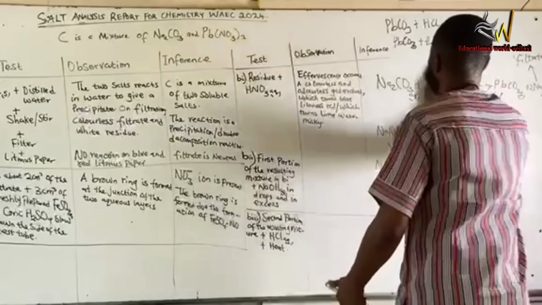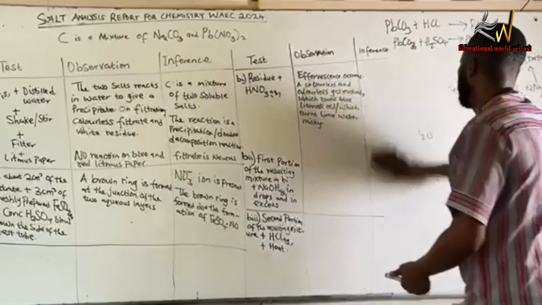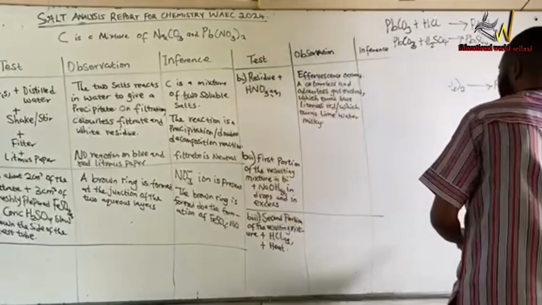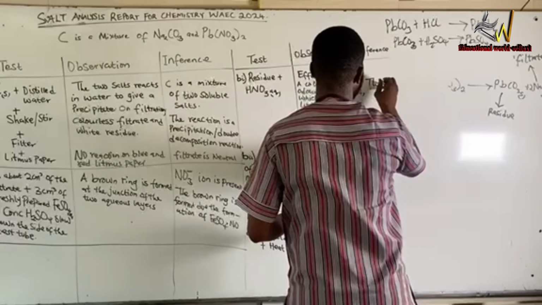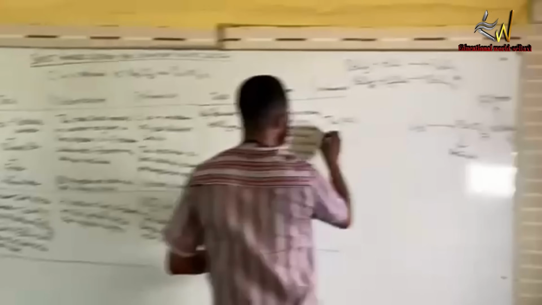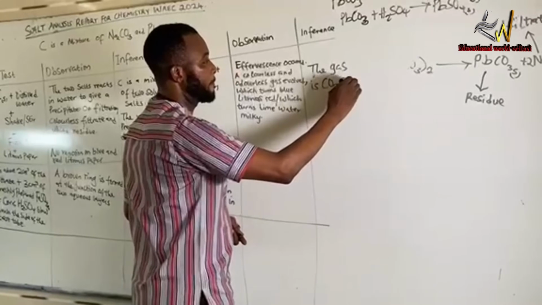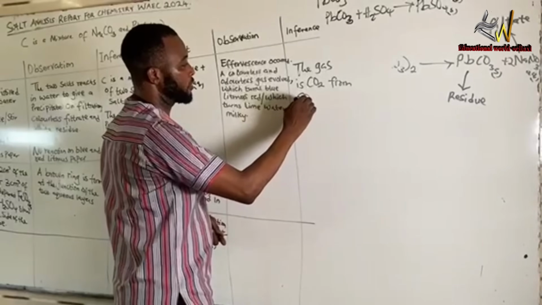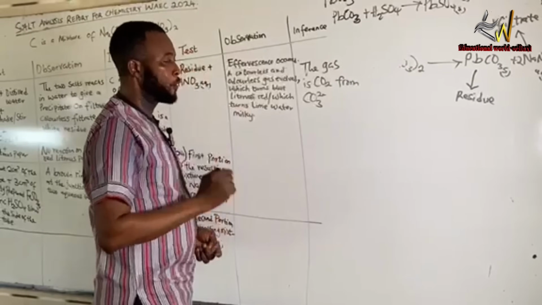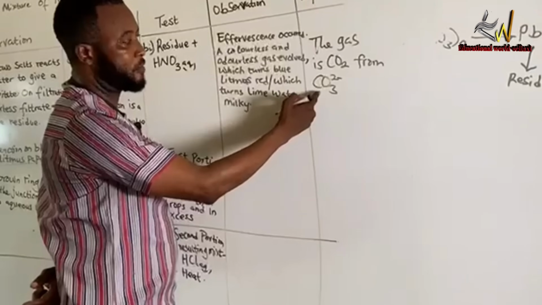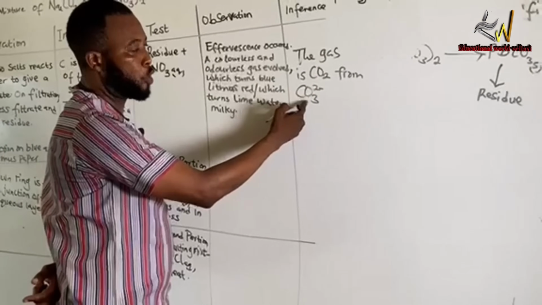Now let's go to our inference. Your inference will be simple: the gas is CO2 from CO3 2 minus. Please don't only say from this. If you say only this, they won't score you.